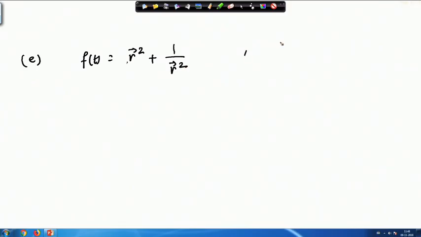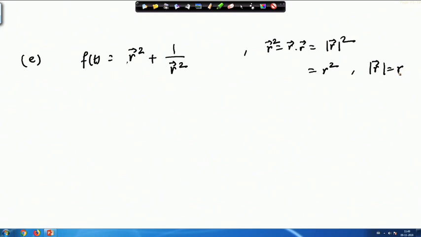So from vector calculus, we know that if we have r as a vector, then r square is basically r dot r, and that's basically mod of r whole square. So instead of writing r square, I can write mod of r square. Now mod of r is a scalar function, so this mod of r is equal to a scalar r.